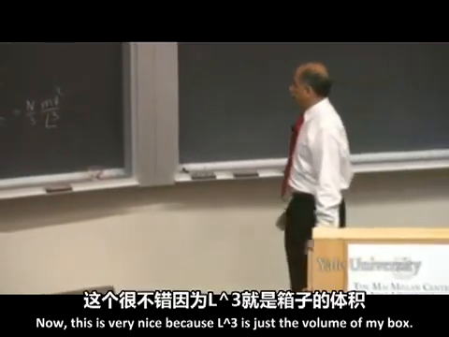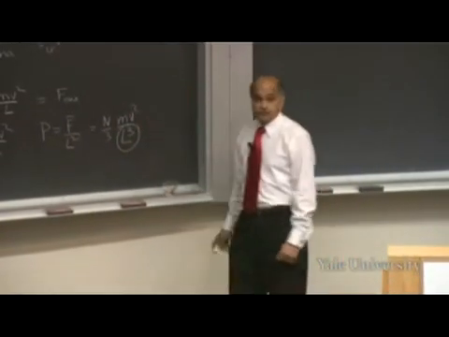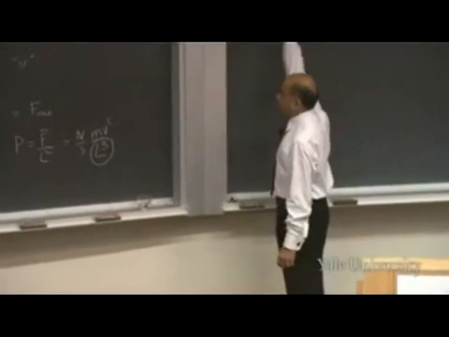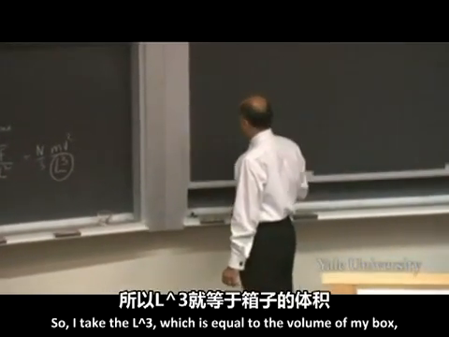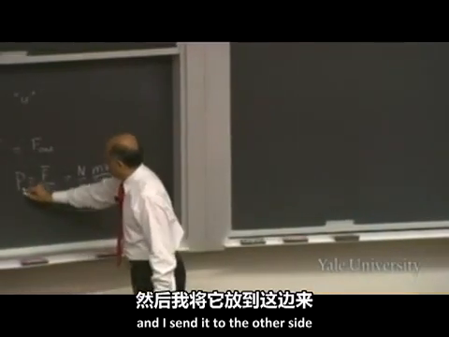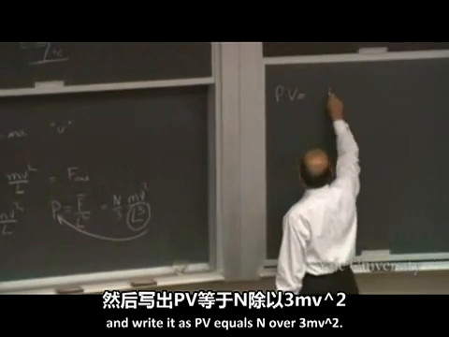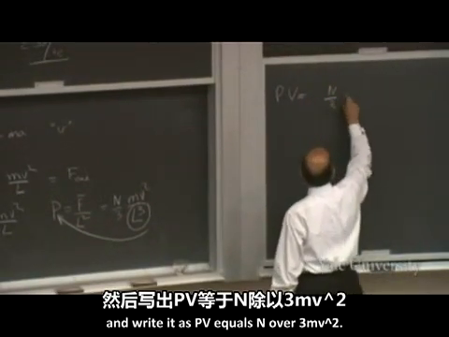Now, this is very nice because L cubed is just the volume of my box. So I take the L cubed, which is equal to the volume of my box, and I send it to the other side and write it as PV equals n over 3 mv squared.